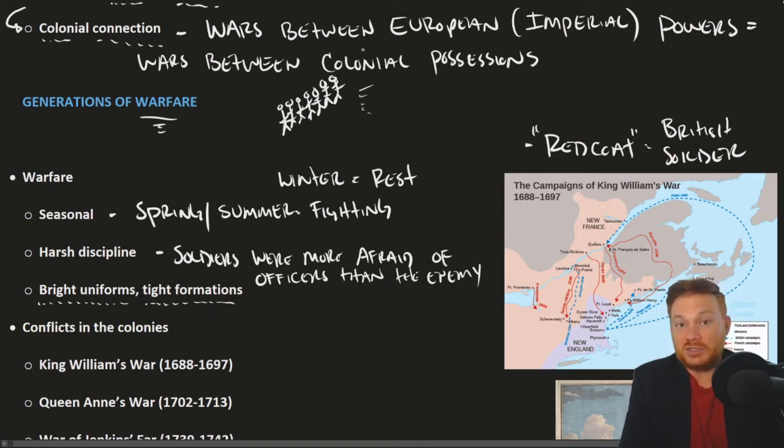And again, that was because the weapons were generally unreliable, especially as you get later into the 1700s and early 1800s, this starts to change a bit. So the most effective way of using the guns at the time was to simply line up in a line and shoot an entire volley into the enemy. So bright uniforms, tight formations, harsh discipline, and very seasonal in terms of the way that these wars were fought.